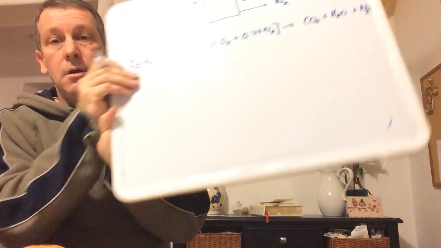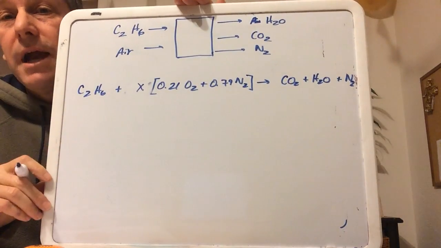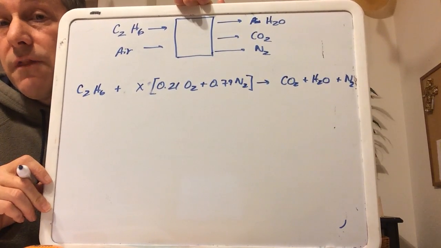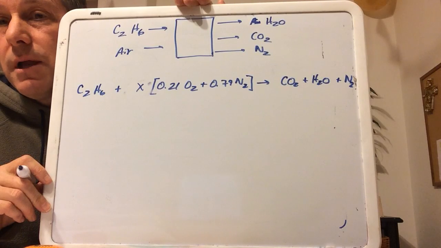Okay, so just to start for you guys, that's what the reaction looks like. On the right side, you want to remember that all of those products are at 1,200 Rankine.